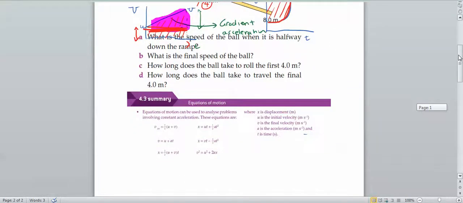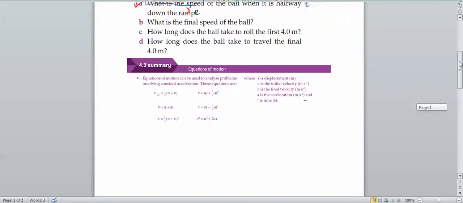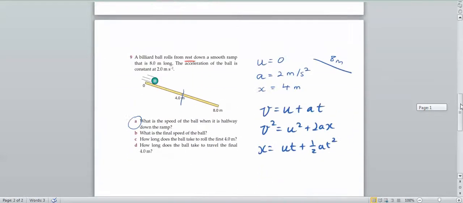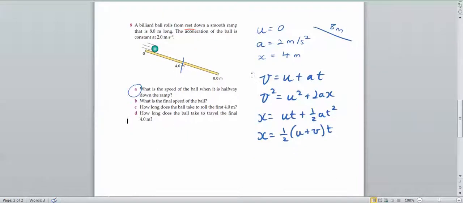Yeah, I'd say they're your main three, to be honest. And then I guess you've also got this one as well: x is equal to a half u plus vt. Okay, so let's just say they're our four equations for the time being.